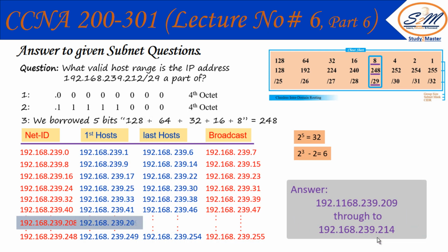So the answer to the given question is 192.168.239.209 through to 192.168.239.214. So these IP addresses belong to network 208 and the number of usable IP addresses is 6.